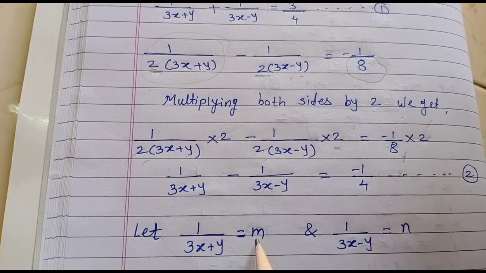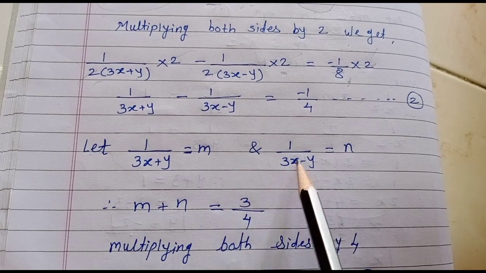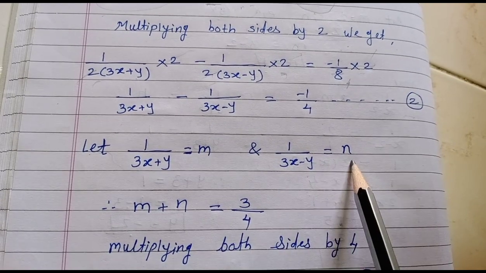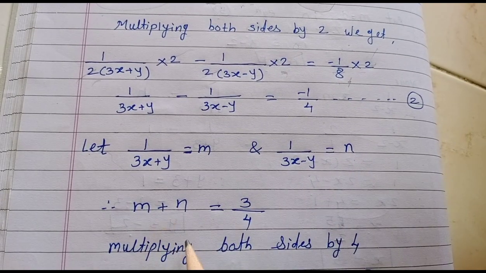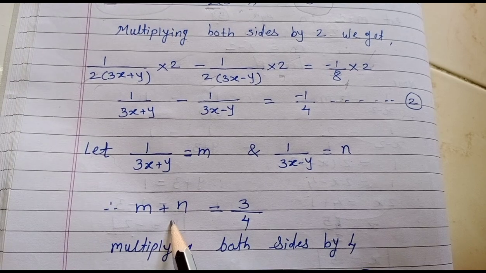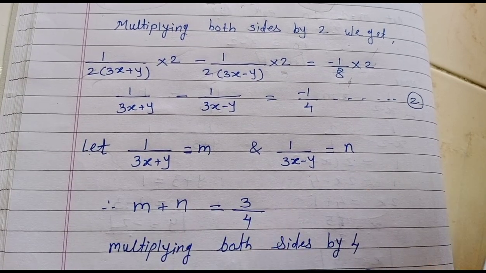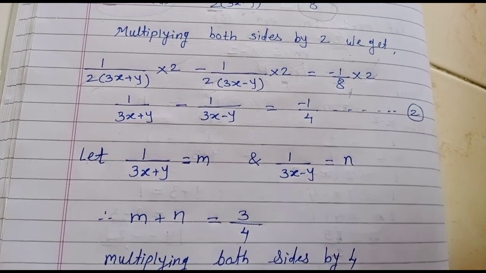Now let 1 upon (3x plus y) be equal to m and 1 upon (3x minus y) be equal to n. Then what you get is m plus n is equal to 3 upon 4. See, m plus n from the first equation.